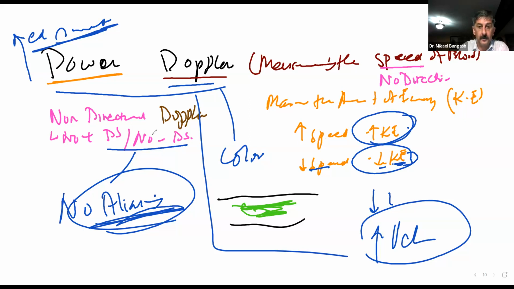So the main purpose of power Doppler is to determine: is there good blood flow here? For instance, you want to check on what they call perfusion of an organ. Is it receiving the amount of blood that it needs?